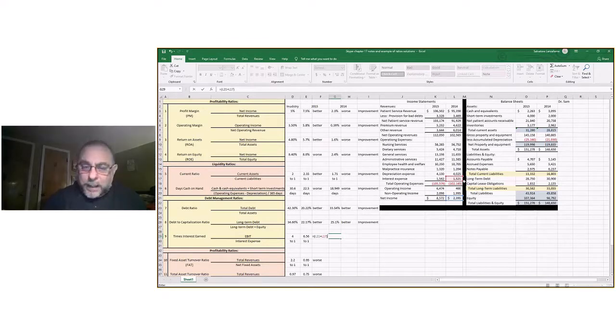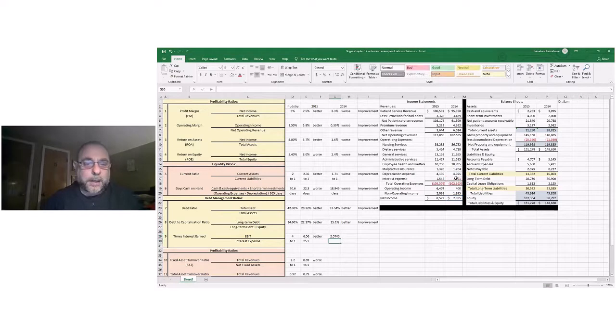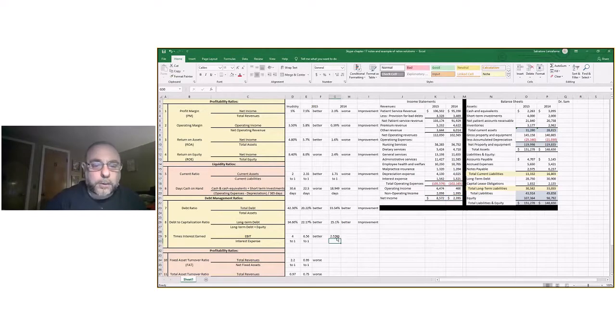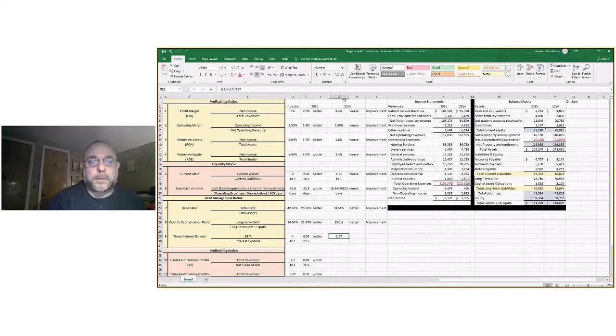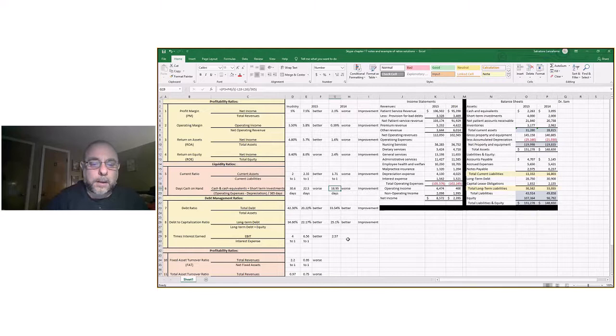And then I want to divide that. Did I close my parentheses? Yep. I then want to divide that by my interest expense, and I come up with 2.57. Whoops, wrong way. So 2.57 to 1.